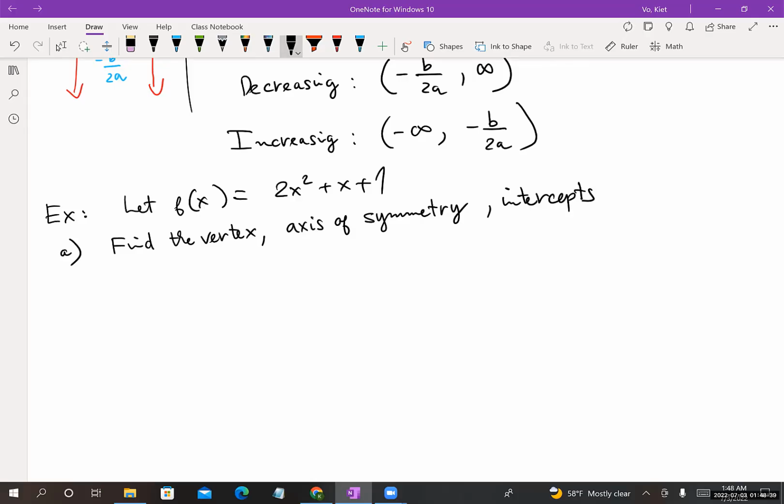And then graph f of x. And then for part C, find the domain and range.